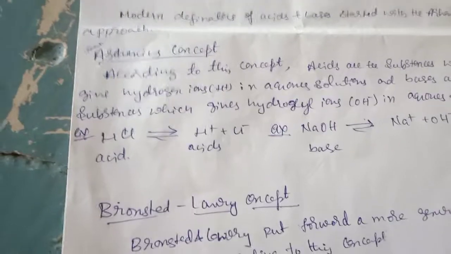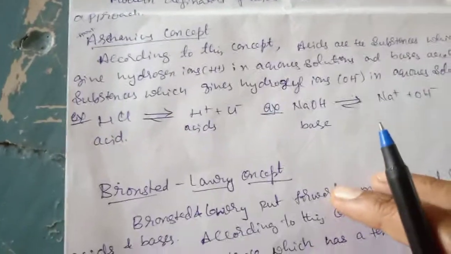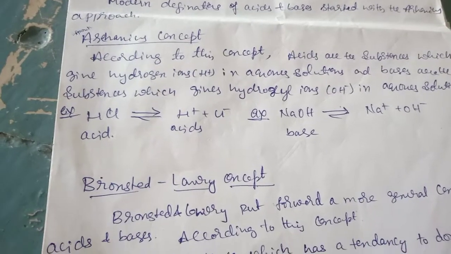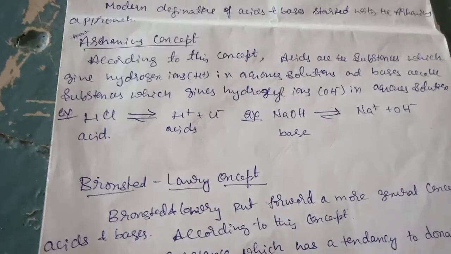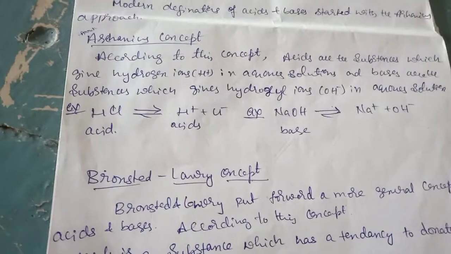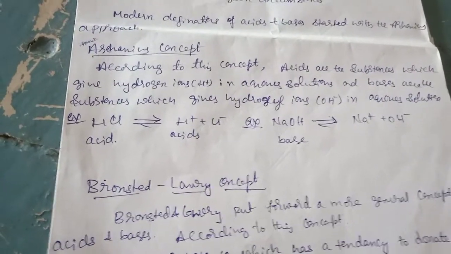Arrhenius is one of the scientists. According to the Arrhenius concept, acids are substances which give hydrogen ions in aqueous solution. What is he telling?